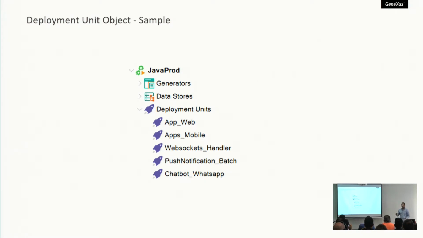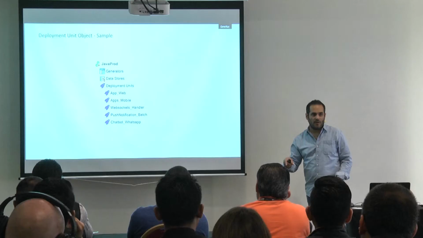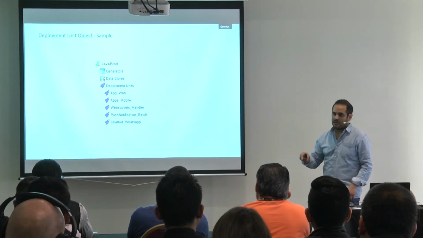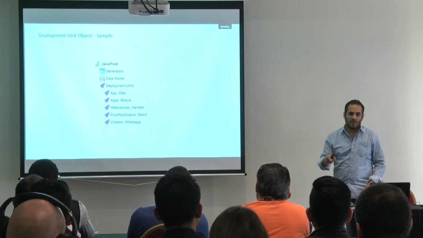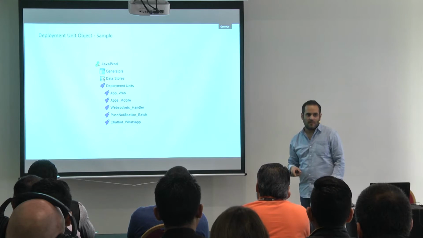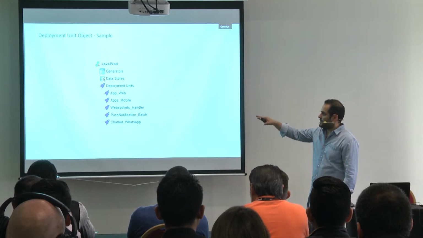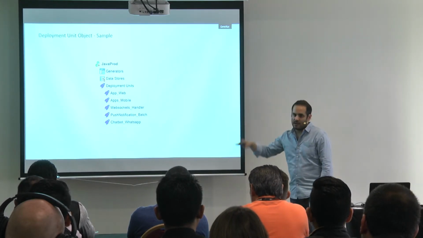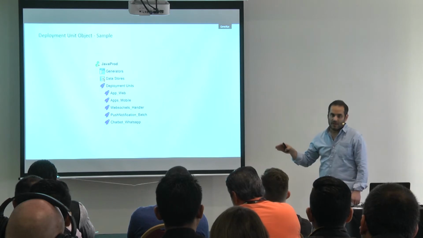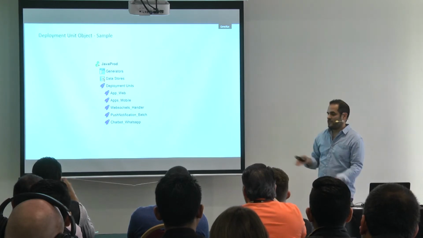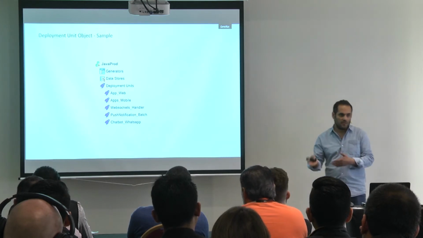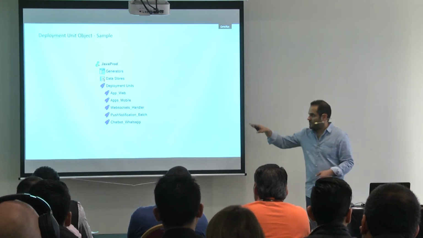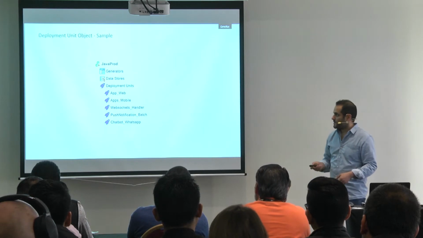It's a KB that is public, but you have the web application, the mobile applications, chatbot services, all the procedures sending out notices, and so on. So we created different deployment units for each one of those components. Some of them deploy to a certain type of server, and others to other servers. We've structured it in that way.